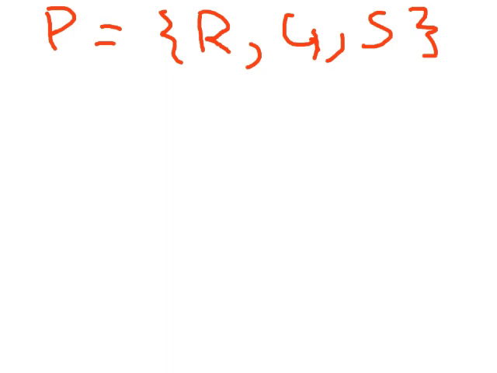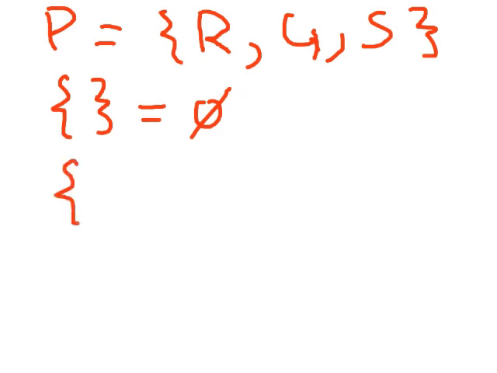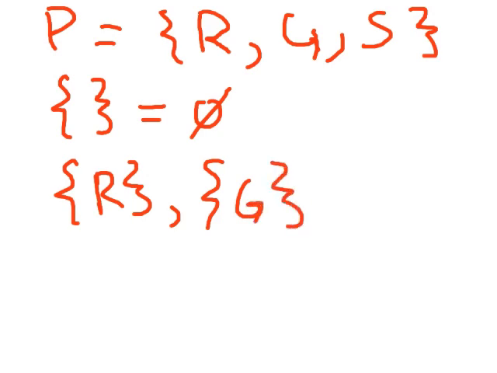So our first option is that no one holds their promises, which is the null set. Then we have three other options where only one of the candidates holds their promises. So either R, Romney holds his promise, or only Gingrich, or only Santorum. So we have three possibilities here.